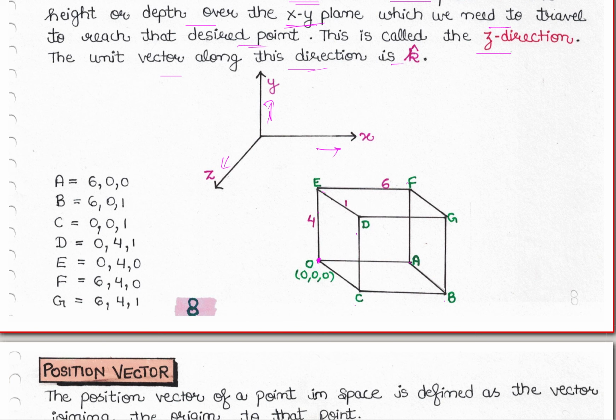From this figure, if we take this height as 4, this breadth is 1 and this length is 6, so we can easily find a, b, c, d, e, f, g like this. So in real 3D space, we need 3 components to represent a vector.